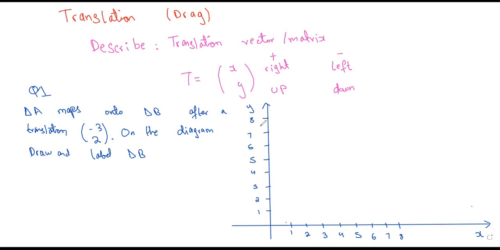So I have labeled the x-axis and the y-axis. I'll make triangle A first. It's this one. Then it is 6, 2, and then it's 6, 4. I'm just writing down the question, okay?